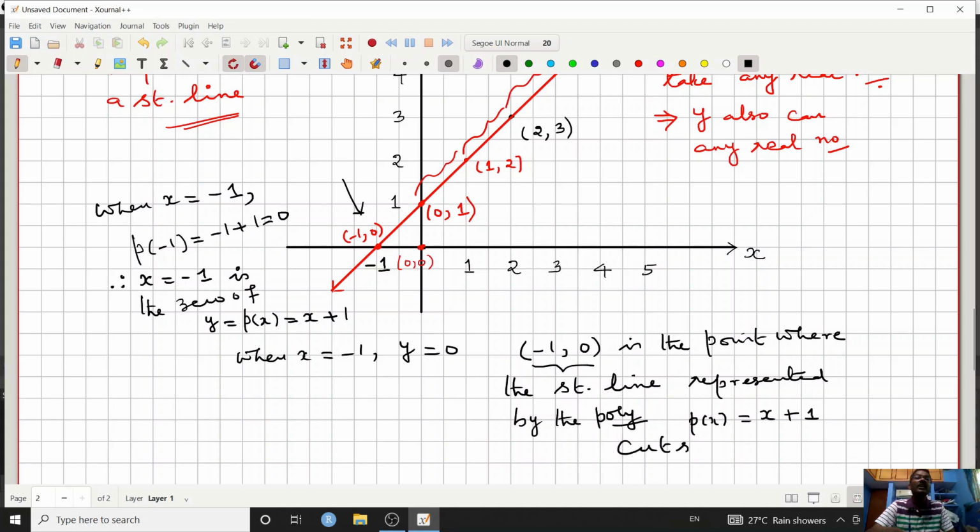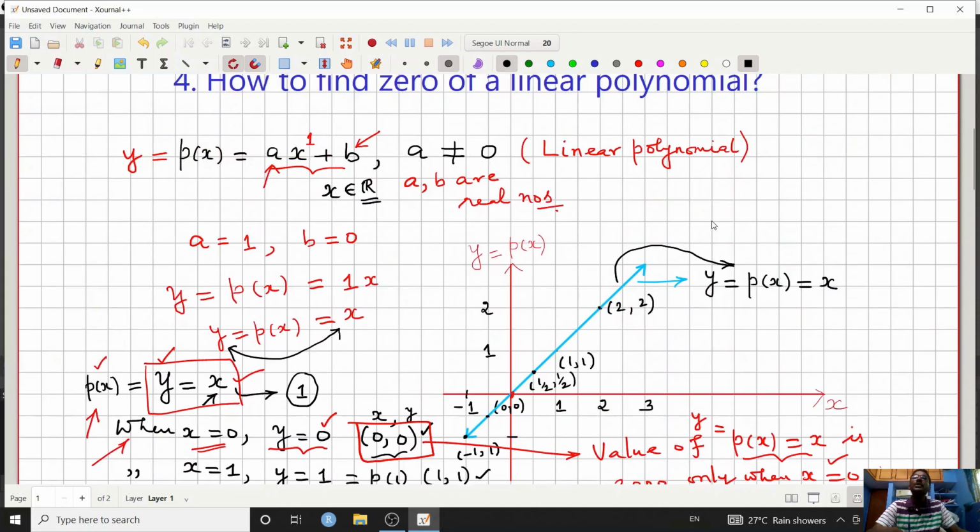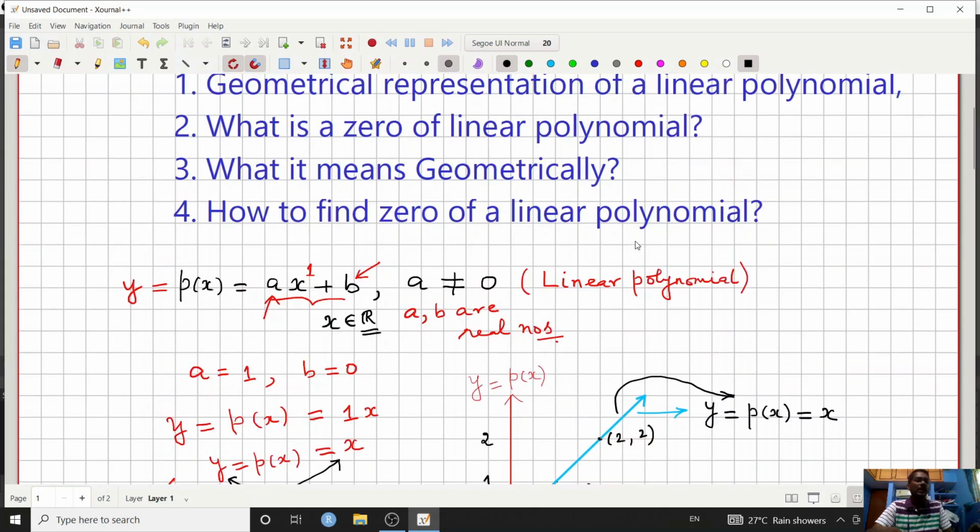That is the geometrical meaning. So what is the geometrical meaning of 0 of a polynomial? When the polynomial becomes 0, the straight line representing the polynomial cuts the x-axis. That is the geometrical meaning.